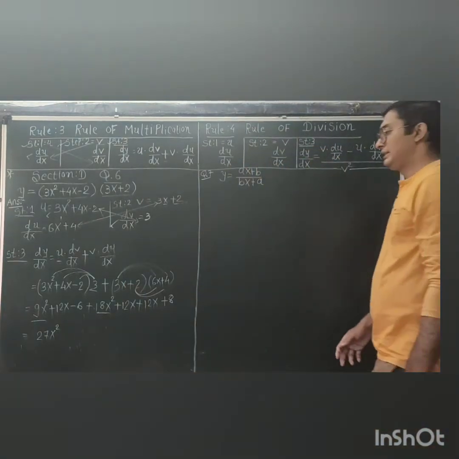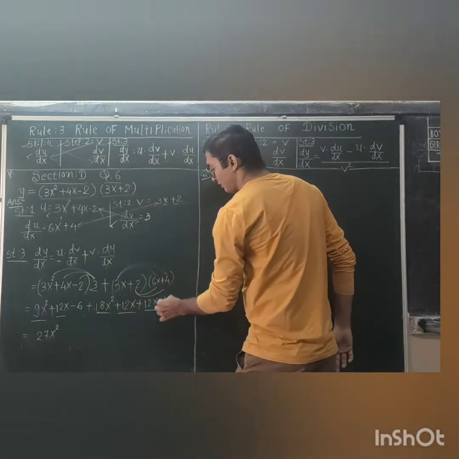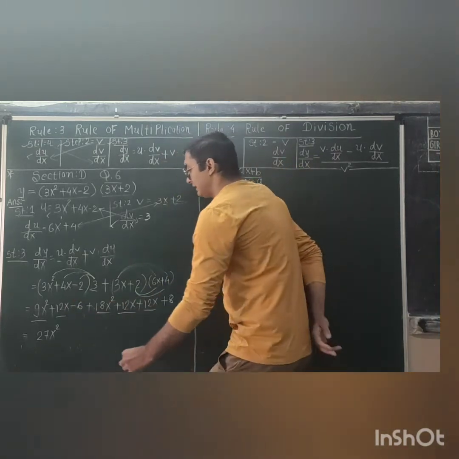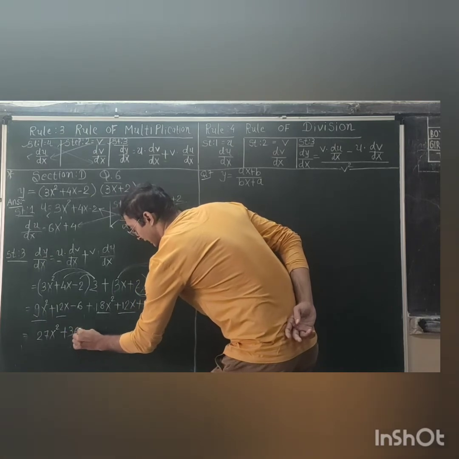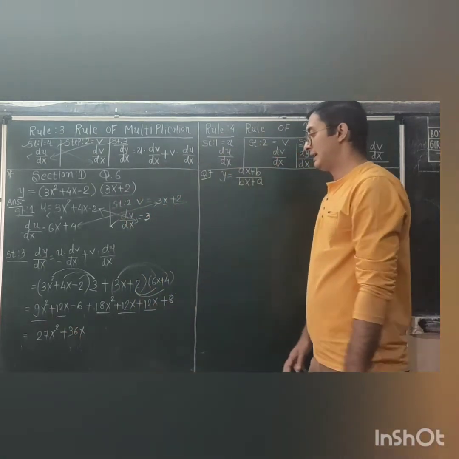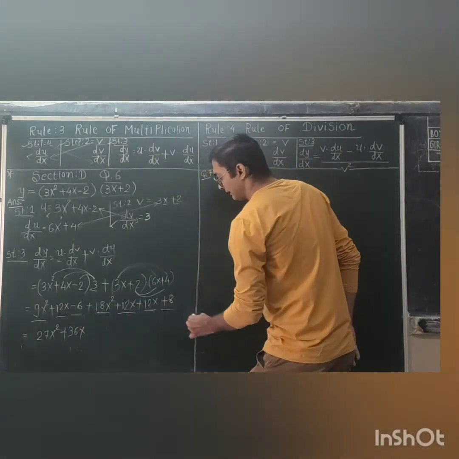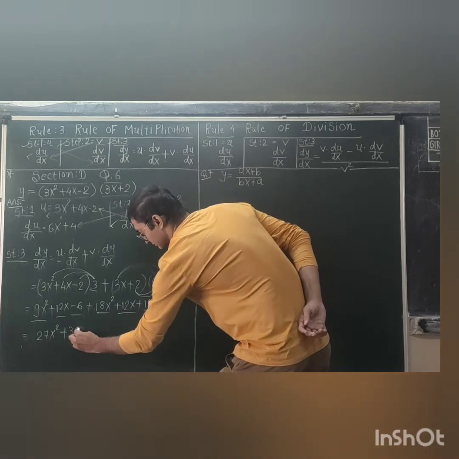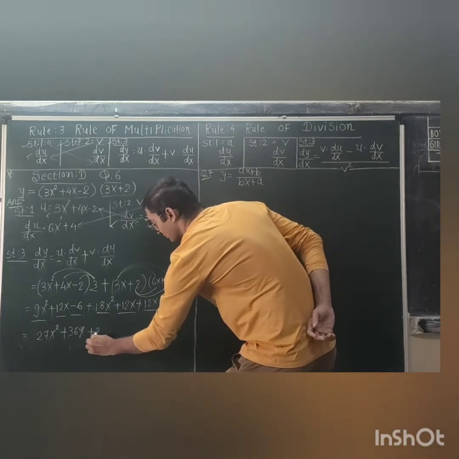And here it is 12x plus 12x plus 12x, so it becomes 36x. And finally, minus 6 plus 8, it becomes plus 2.